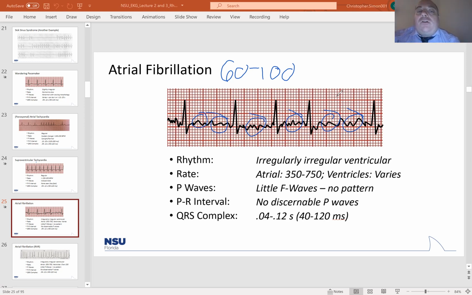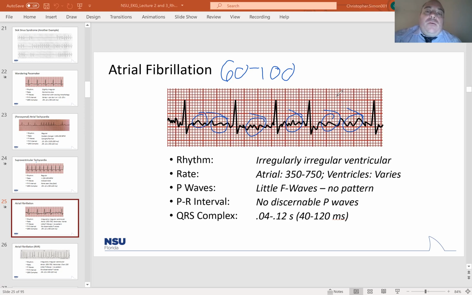So we would call these non-discernible P waves. Just a bunch of nonsense, okay? So do we have P waves? Well, no, not really. We have non-discernible P waves. Some people would actually call these F waves, for fibrillating waves, but that's not a very common terminology.